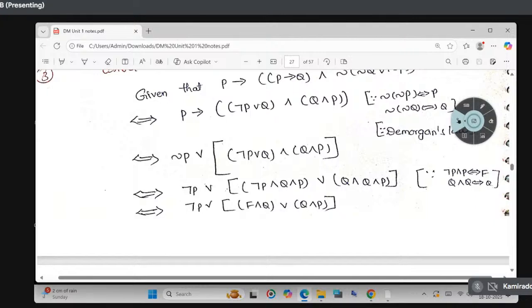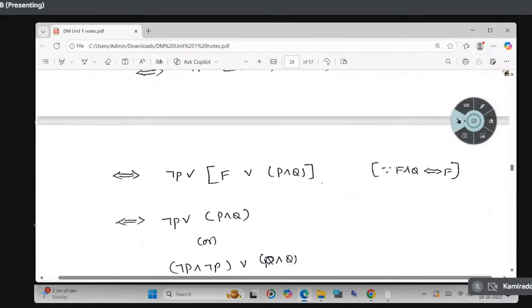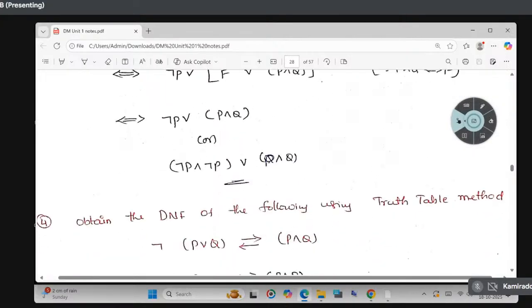So this is related to CNF and DNF. Clear everyone? There is a compulsory question in normal forms: CNF, DNF, PCNF, PDNF. There will be a question, definitely. So if your luck is not that good, you will have a compulsory question from normal forms. So this is also DNF.